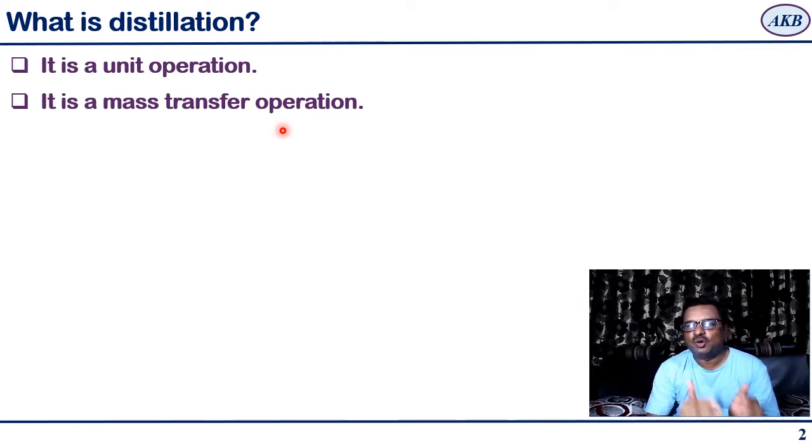Distillation separates components of a liquid solution and it brings about change in composition of that liquid solution. These mass transfer operations are totally different from purely mechanical separation operations. For example, sedimentation.